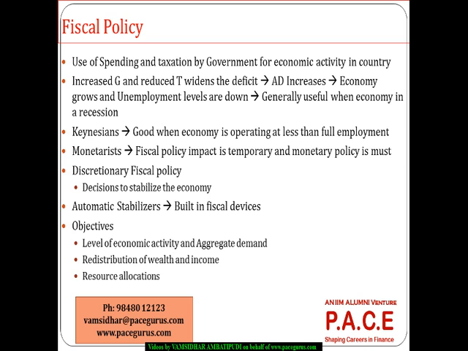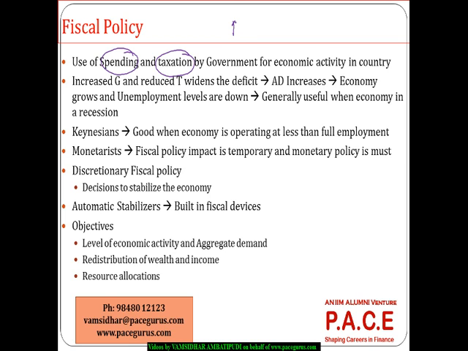Now let's move on to fiscal policy, where we have initially discussed that it is primarily the usage of government spending and taxation to influence the economic activity in the country.